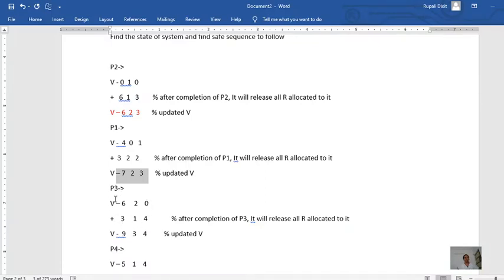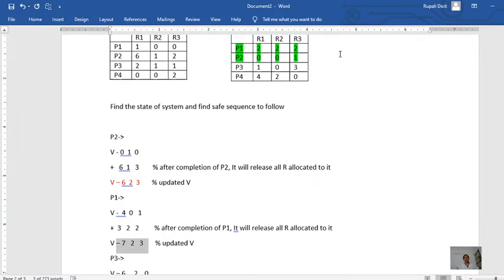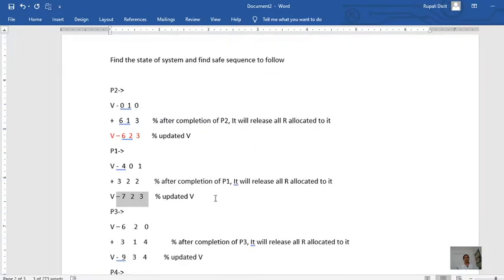Same thing is repeated. P3 demand is 103, so it will be cut out from the currently available. The remaining is this. After completion of execution, P3 will release the resources allocated to it, that is 314. It will be added into the current available vector.